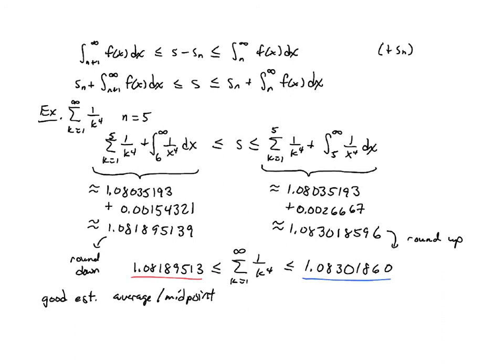And so this is saying that S is approximately 1/2 times, and let me not rewrite these, the red number plus the blue number, and that ends up being 1.082456865.